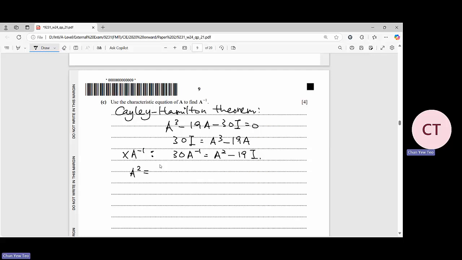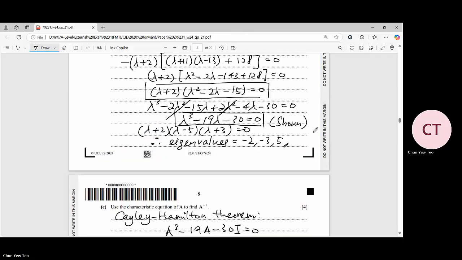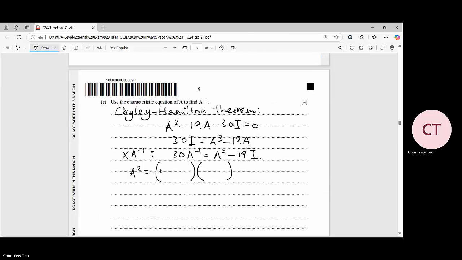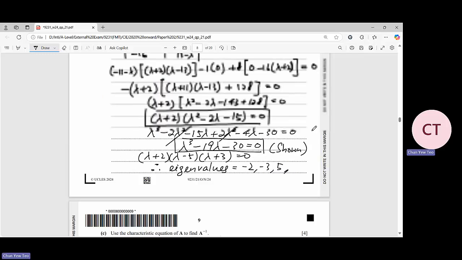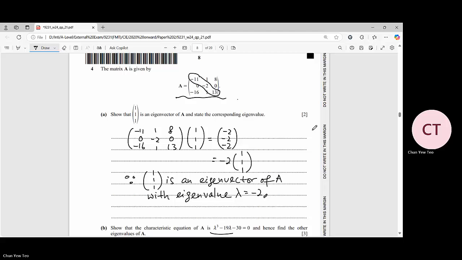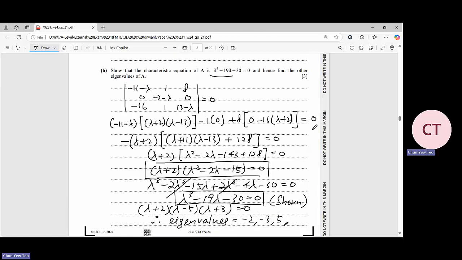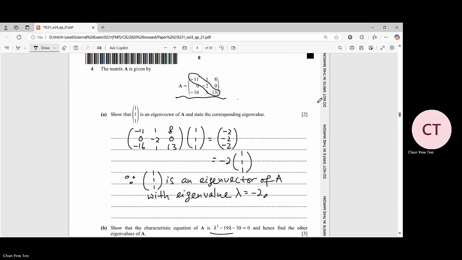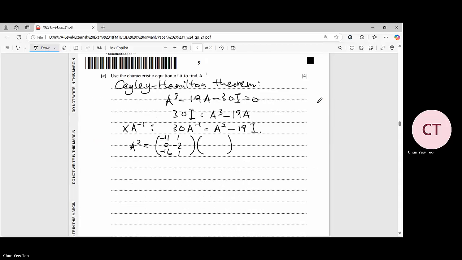Okay, A squared will be the matrix negative 11, negative 16, and then 1, negative 2, 1. And another one is 8, 0, 13.